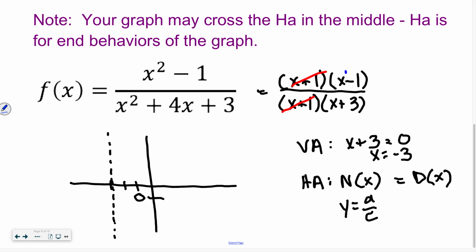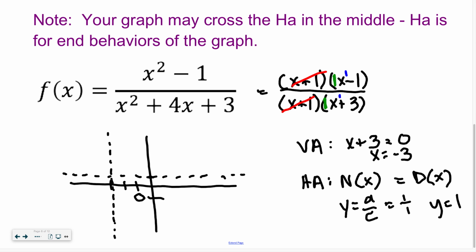So if we're looking at the reduced function, we've got x to the first in both of those. The leading coefficients are whatever's in front of x. So 1 and 1. So ours would be y equals a over c, which is 1 over 1. So we could say y equals 1 for our horizontal asymptote. So I'll go F1, and there's my horizontal asymptote.